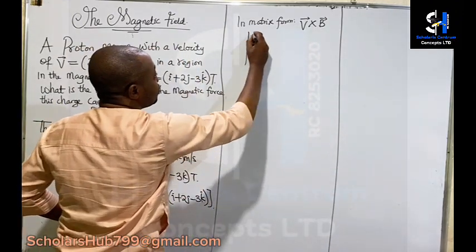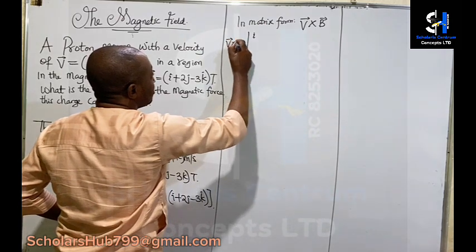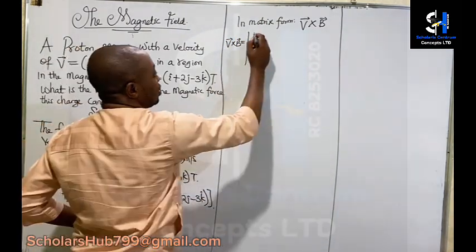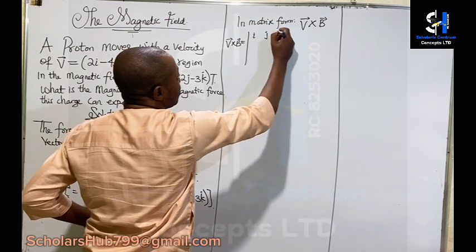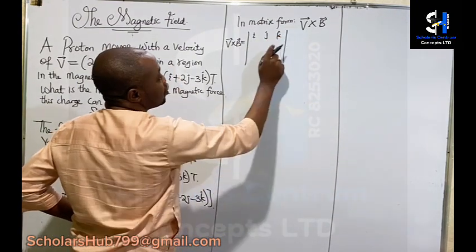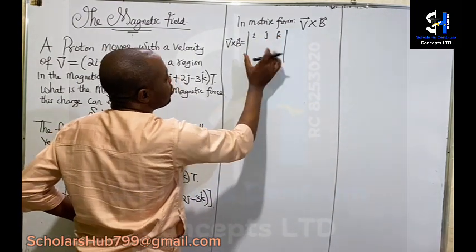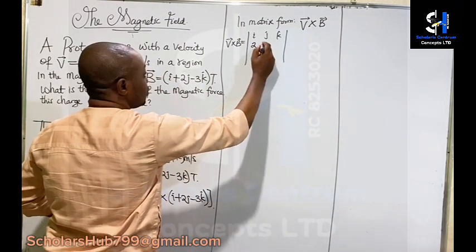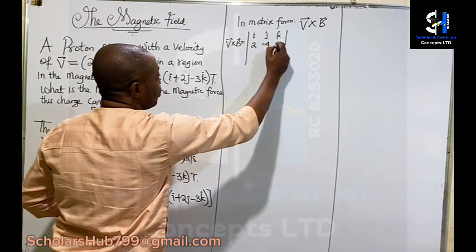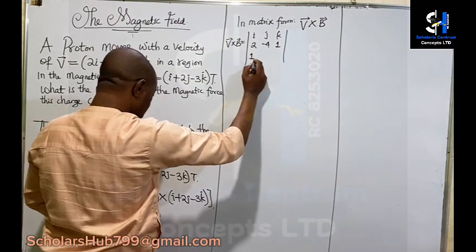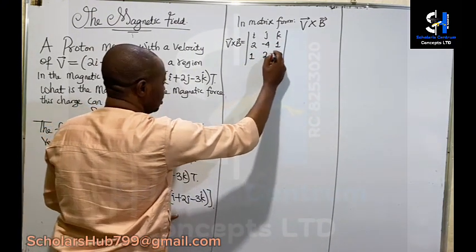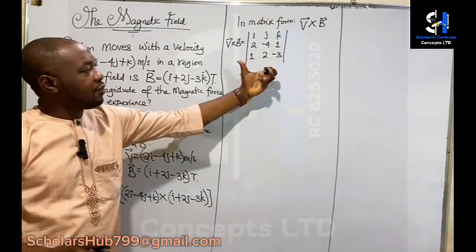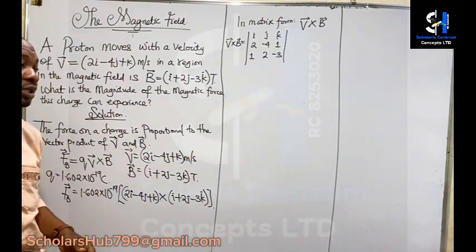So the cross product of V and B will be the determinant with rows i, j, k, then 2, minus 4, 1, then 1, 2, minus 3. We need to expand the determinant.